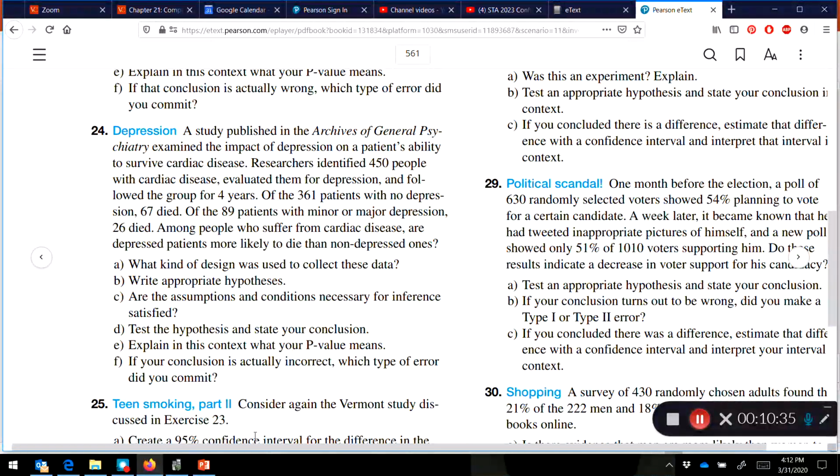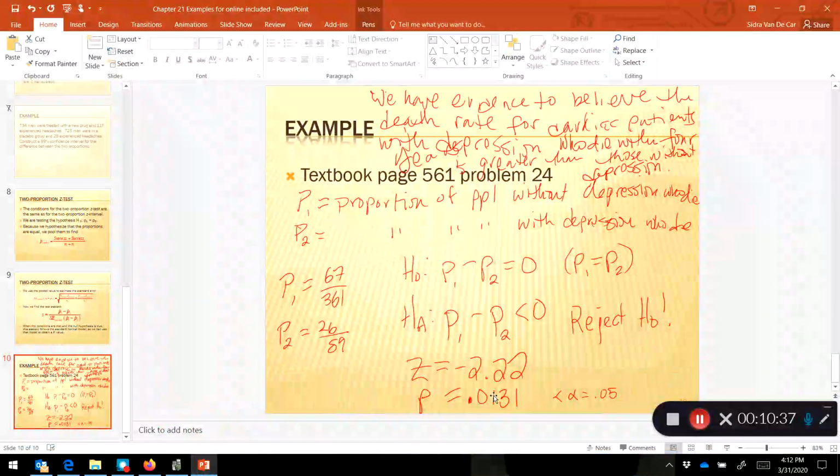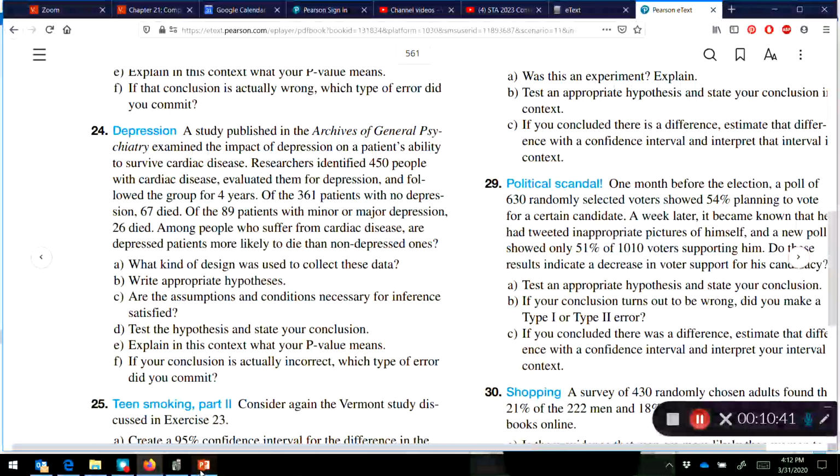Explain in context what our p-value means here. So now that p-value is 0.013. So that means that if the two proportions are equal, if there is no difference in the proportions, we will see an observed difference this big or larger only about 1.3% of the time by natural sampling variation.